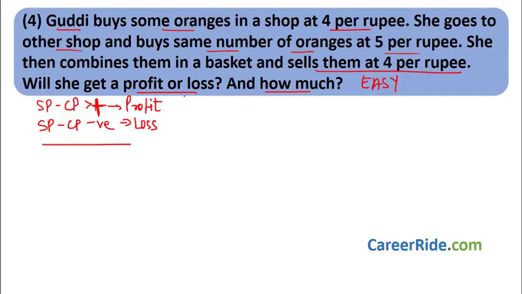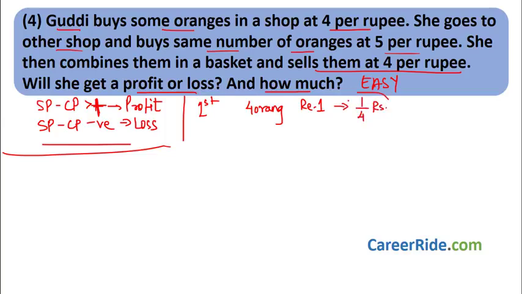Let us assume that Goody goes into the first shop. Over there she bought the oranges at the rate of 4 oranges for 1 rupee. In 1 rupee she got 4 oranges. So the price of 1 orange would be 1 upon 4 rupees, correct?